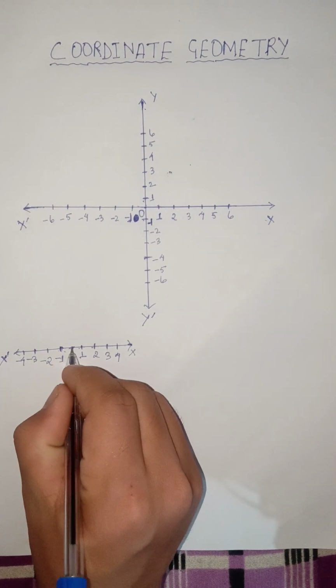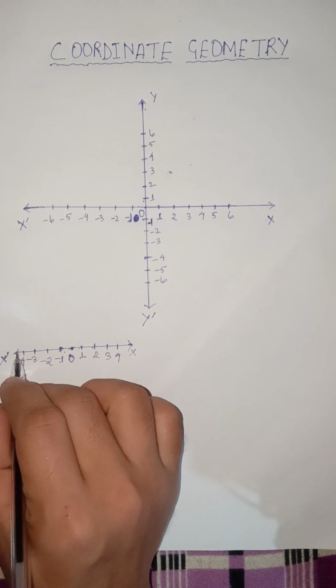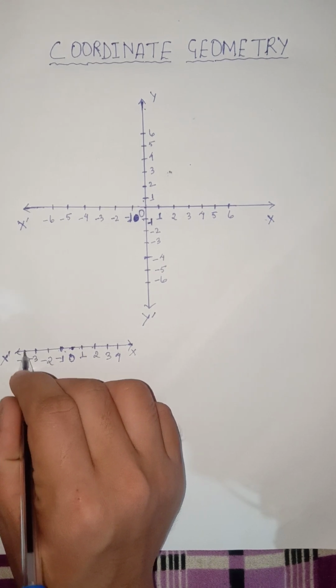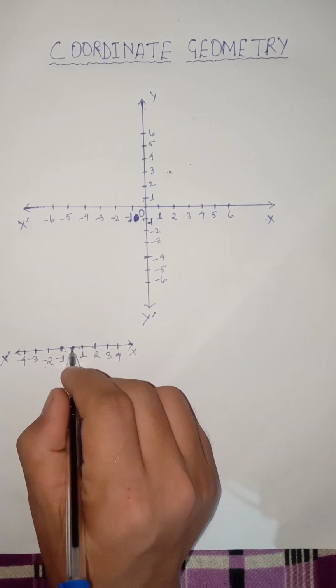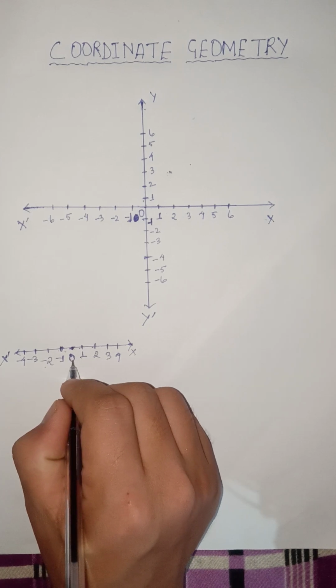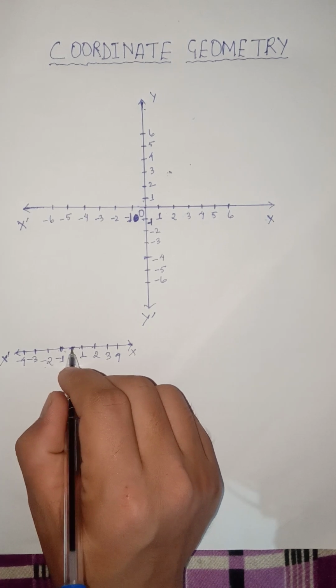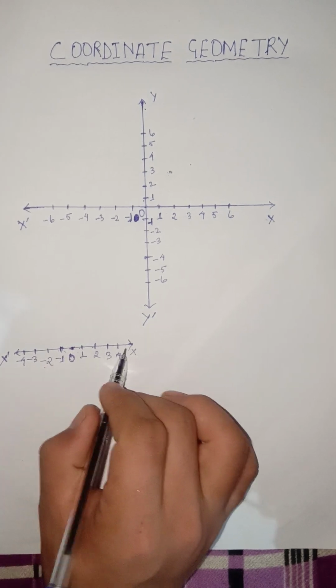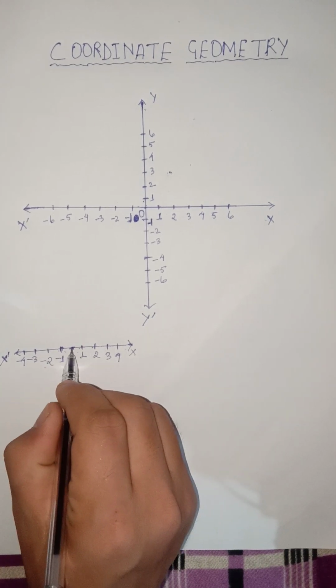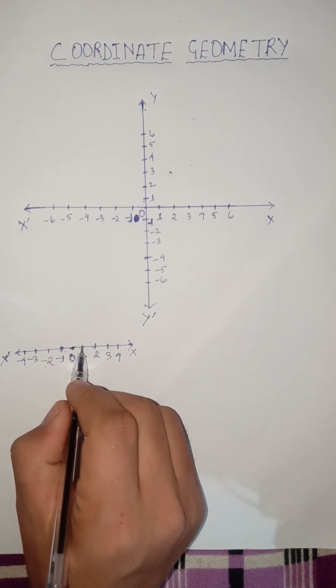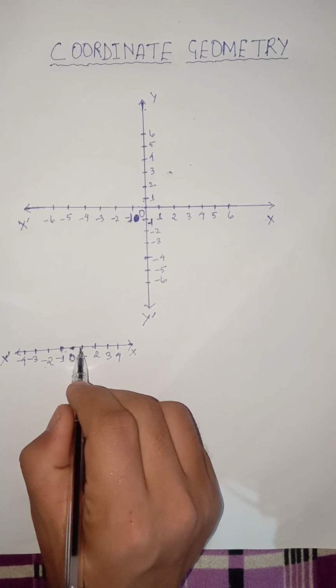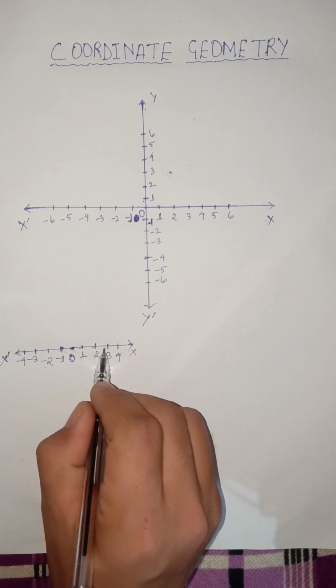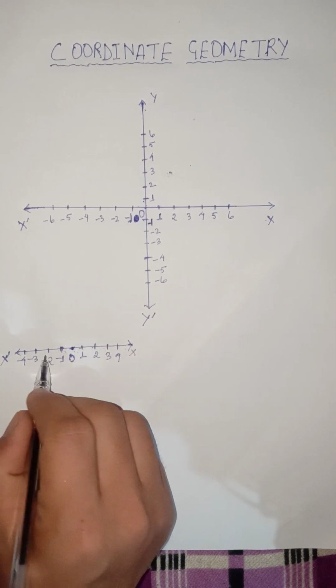Then if you start counting from this, you see there are some points, and the point we call 0 is where we start counting, on this side as well as on this side, right? And we separate each by a distance of 1 unit, on both sides.